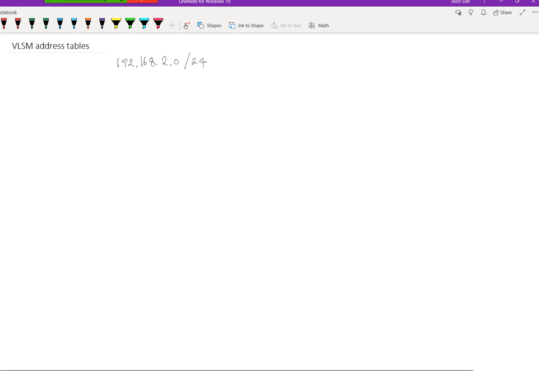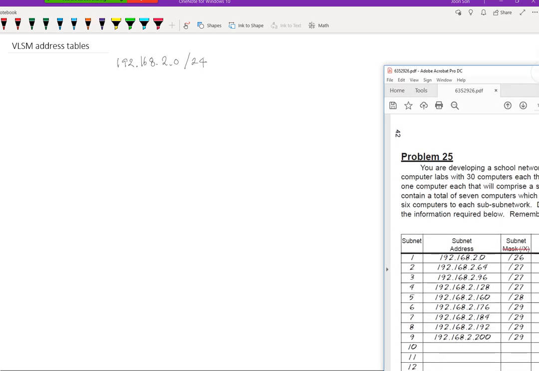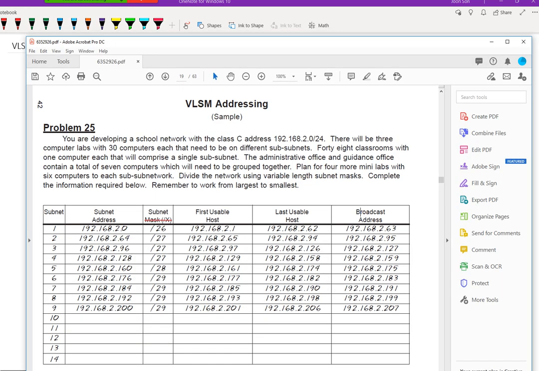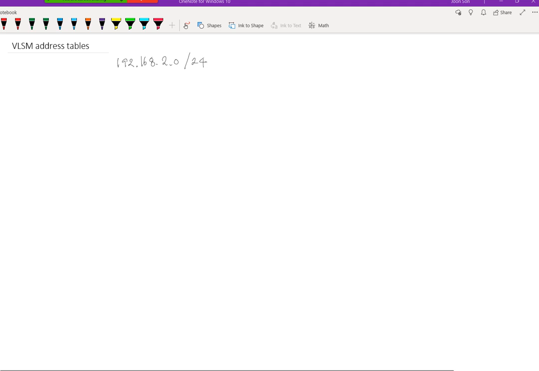And they said there will be 3 computer labs with 30 computers each. There will be 3 computer labs with 30 computers each. So we need 3 computer labs.